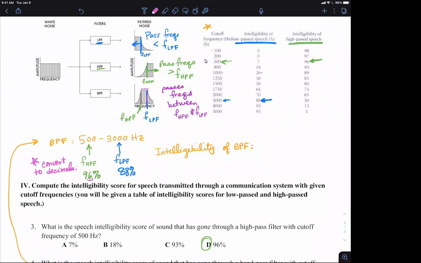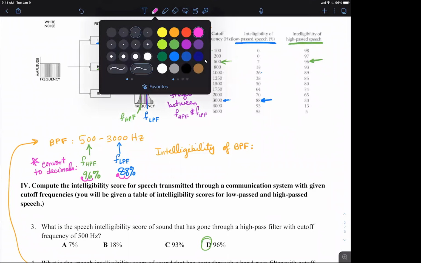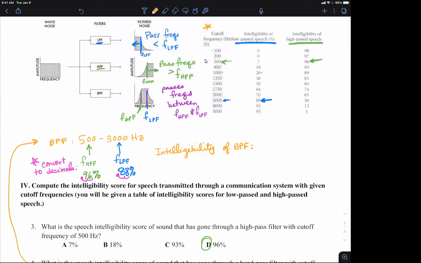You do that by moving your decimal place 2 points to the right, dividing by 100. So then the intelligibility score is going to be 0.96 times 0.88. And then to get it back to a percentage, you would multiply it by 100.